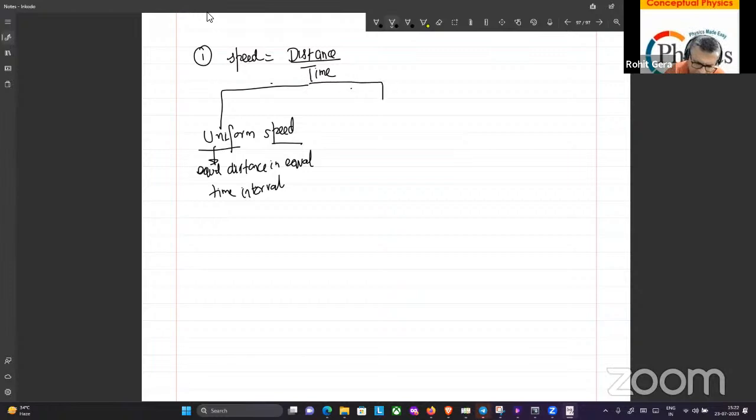Look at the second one, which is non-uniform speed. There is no uniformity. You can cover whatever distance you want in equal amount of interval. So unequal distance in equal time interval.